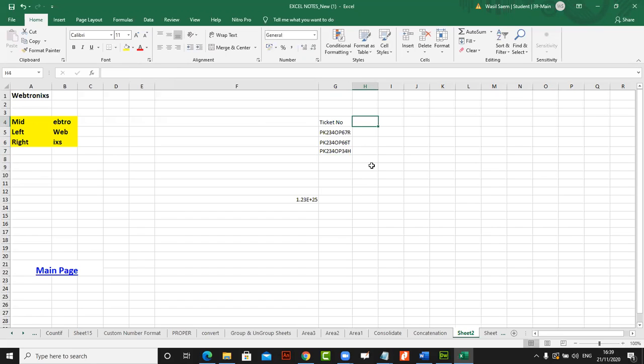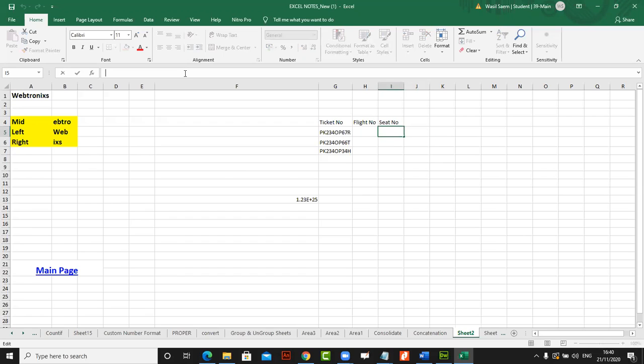What if the examiner says I want to find the flight number? I want to find the seat number. Let's say the seat number is the 7th and the 8th characters.